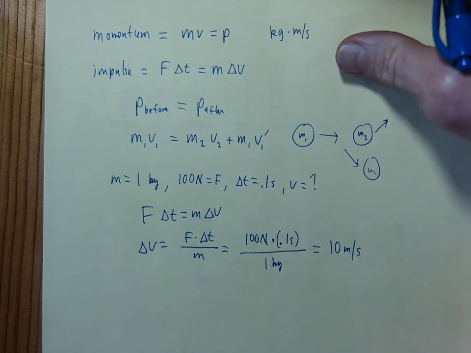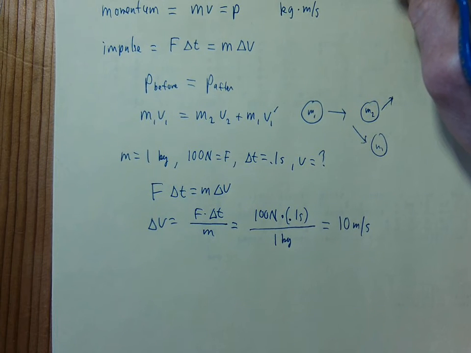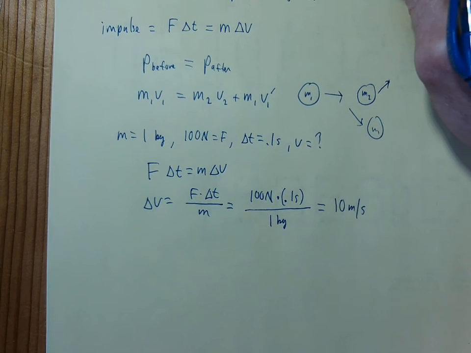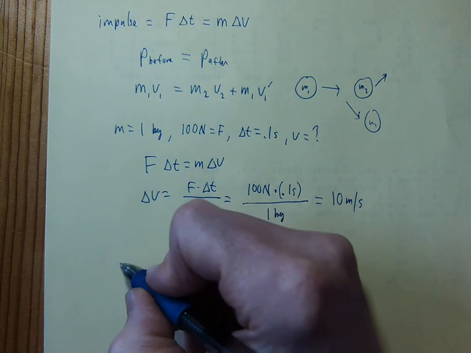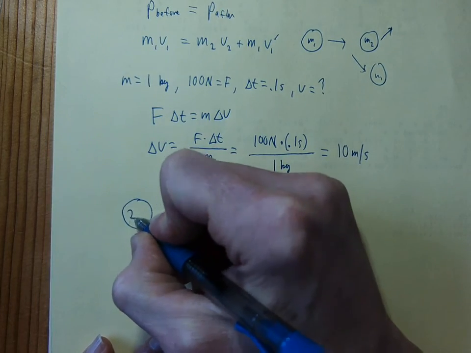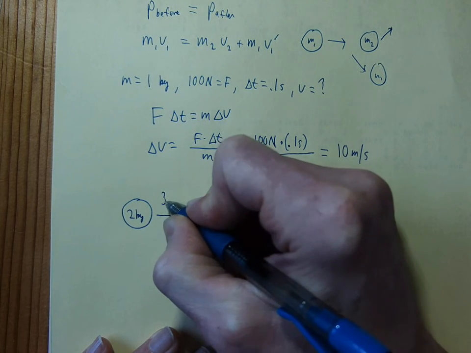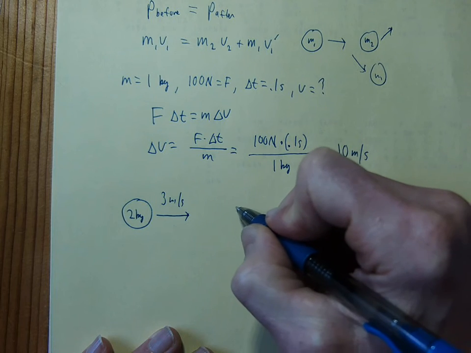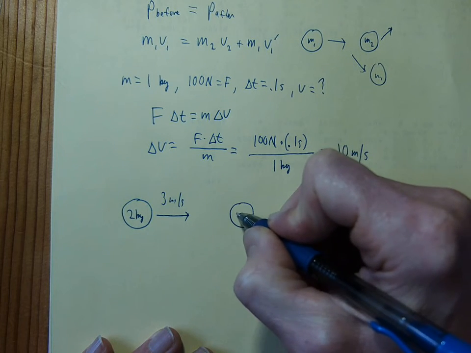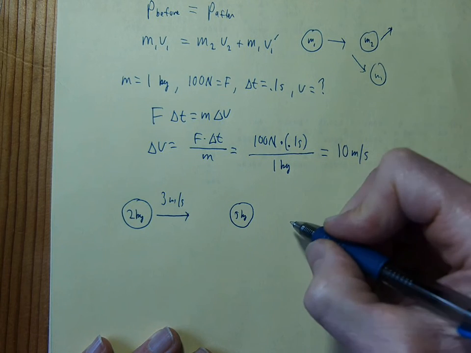Now the other typical problem that you'll run into is a collision problem. So let me do one of those really quickly. Let's say we have a 2 kilogram mass of clay and it's moving this way at 3 meters per second, and it hits a 5 kilogram mass that's not moving, and they move off together.